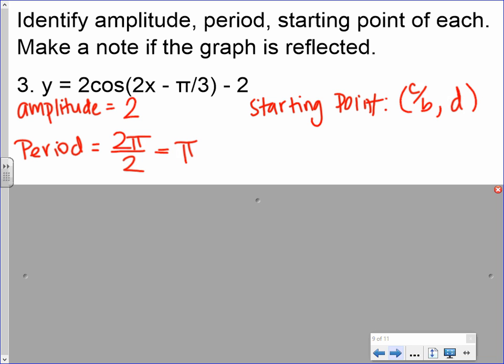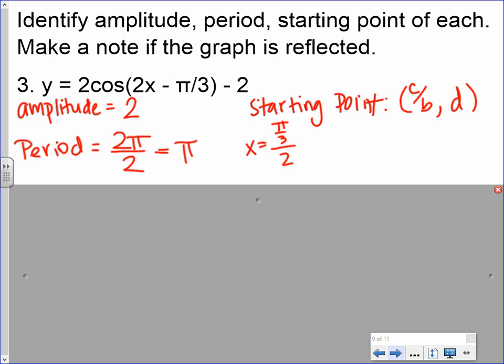So Grace F, how are we going to calculate the X coordinate? Pi over 3 divided by 2. Okay. So our X coordinate is pi over 3 divided by 2, okay?